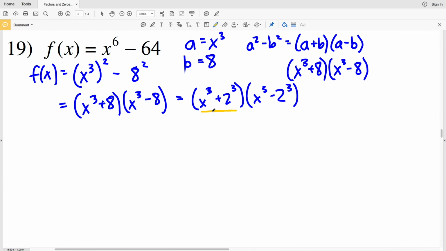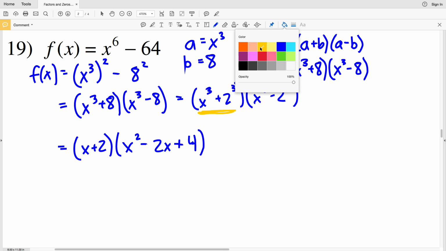Working out the sum of cubes, our function is going to be equal to, remember for the sum of cubes it's a plus b, so that's x plus 2, multiplied by a squared minus ab plus b squared. So that's x squared minus a times b, so that's 2 times x, plus b squared, which is 2 squared, which I'll write as 4.